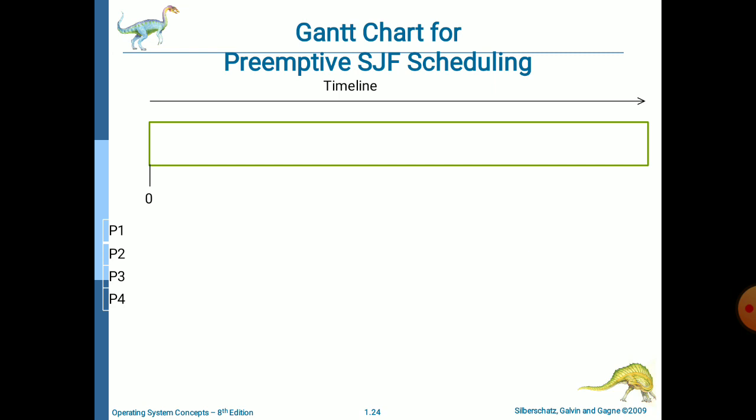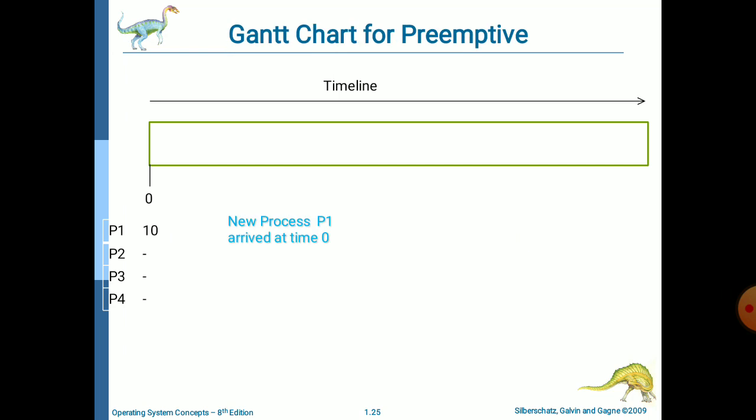At time 0, according to the given problem statement, the process P1 appears, which has a burst time of 10, and since there is no other process, P1 is scheduled for the CPU. Then P1 starts execution.